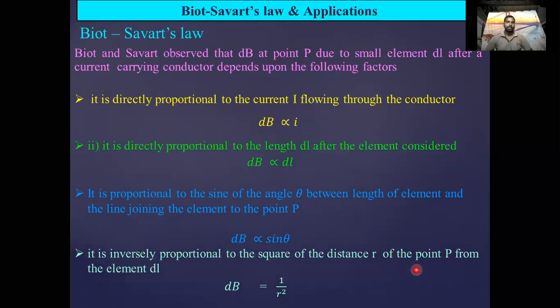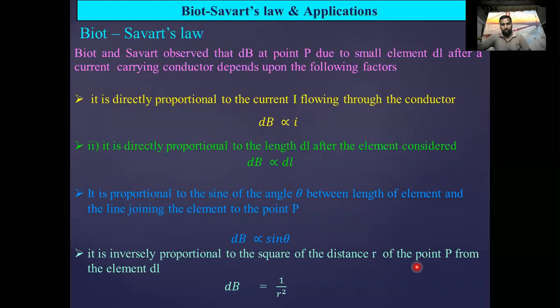Another one: dB, the magnetic field at point P due to the dl, is inversely proportional to the square of the distance r of the point P from the elemental dl. Suppose the point is nearer to the arbitrary shaped conductor, the magnetic field is very high.